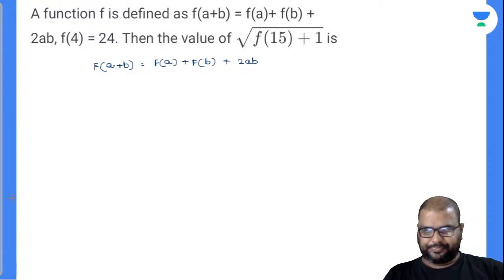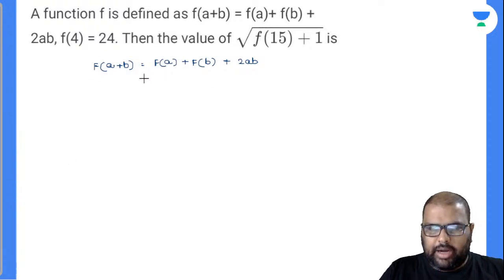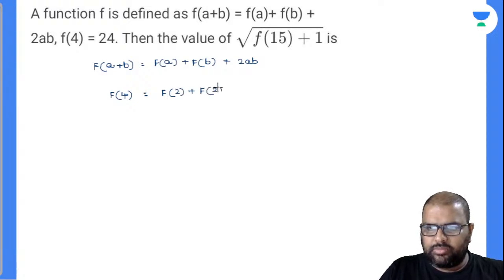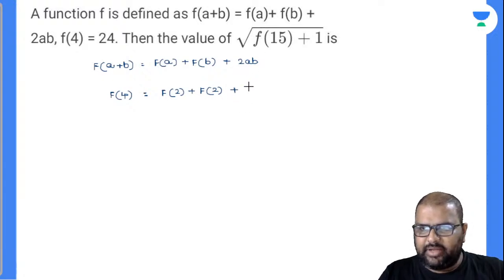Let's check. Now observe, first of all, f of 4 is given. So f of 4 is equal to f of 2 plus f of 2 plus 2 into 2 into 2.